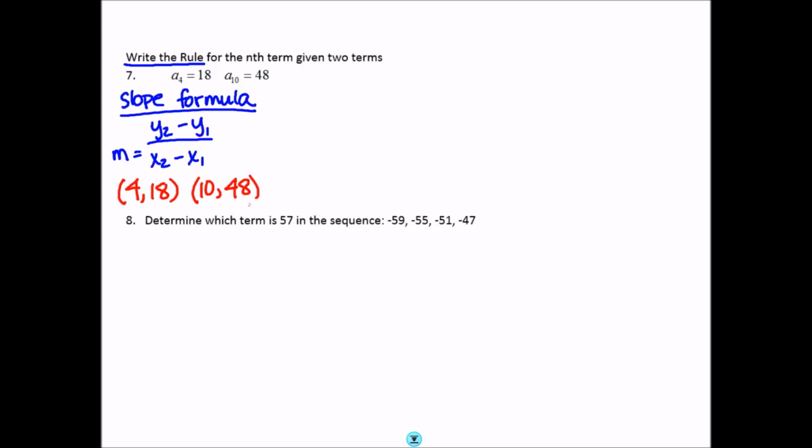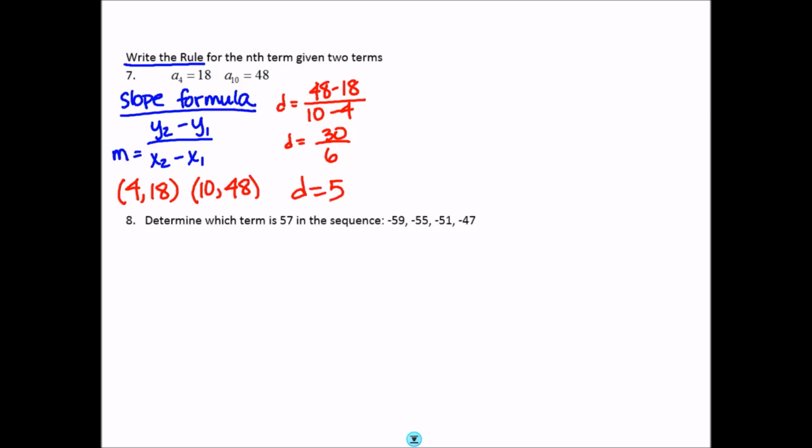So we can just use these two essentially coordinate points with our slope formula to figure out what d is. So if we have 48 minus 18 over 10 minus 4, that'll give us d. So we have 30 over 6, which is 5.